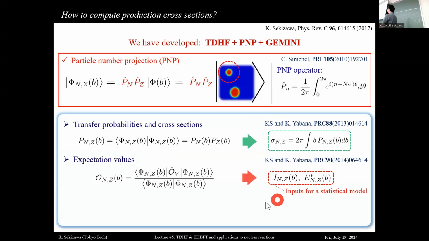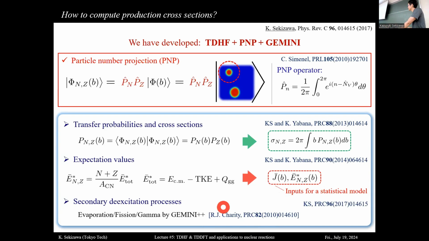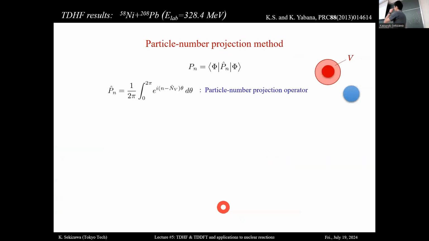And those are just the information that we can calculate, or also some quantities like excitation energy and angular momentum of the reaction product with a specific transfer channel. And we can use this information to describe the secondary de-excitation processes. And let me show how it works.